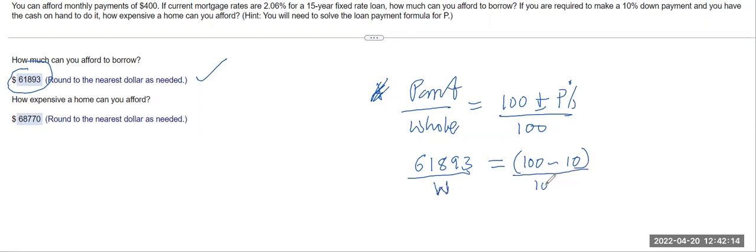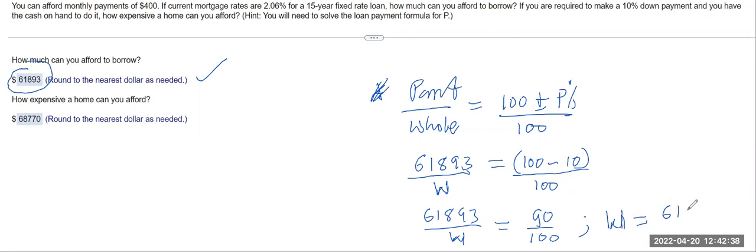So this will be 100. So therefore, this is going to be 61893 over W, which is the whole, is equal to 90 over 100, which is the same as 0.9. So in effect, if you want to find the whole, you have to do 61893 divided by 0.9. Okay, and do that for me.